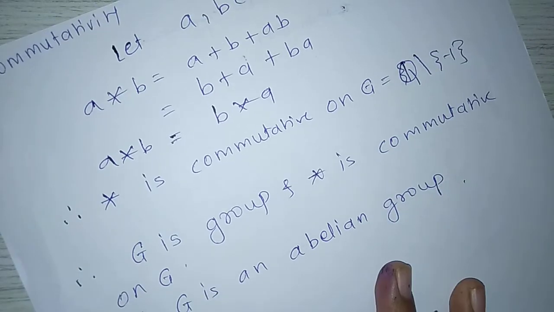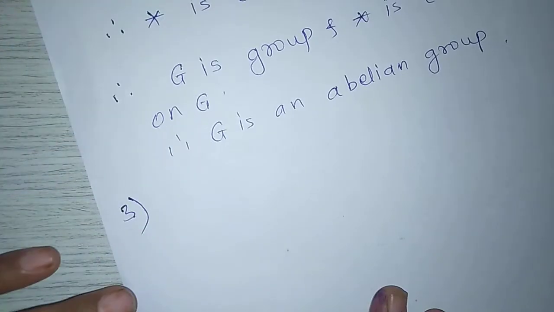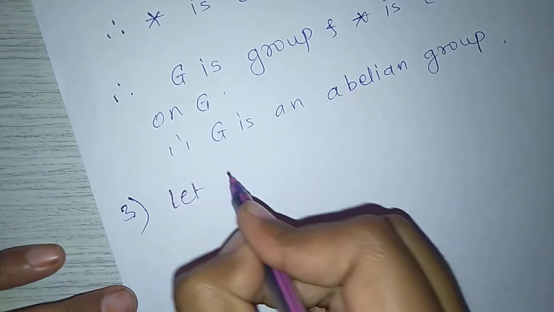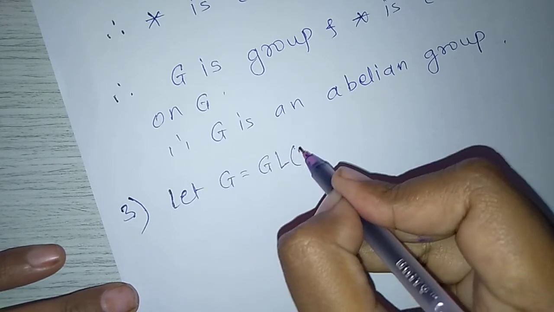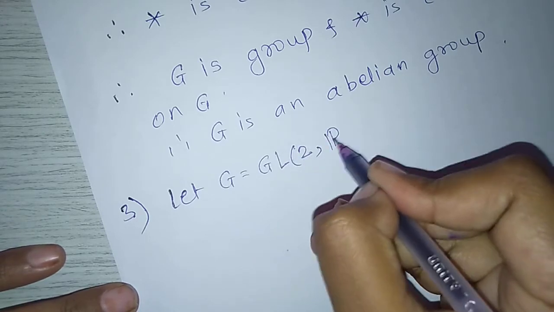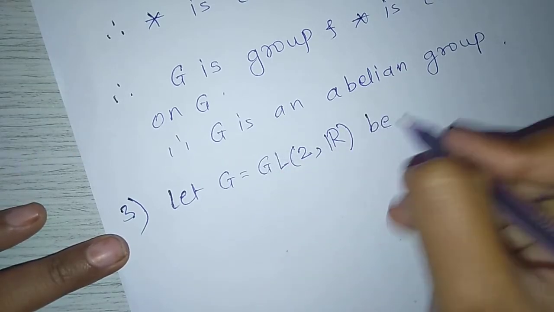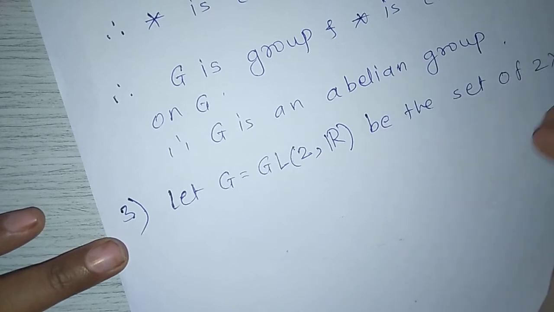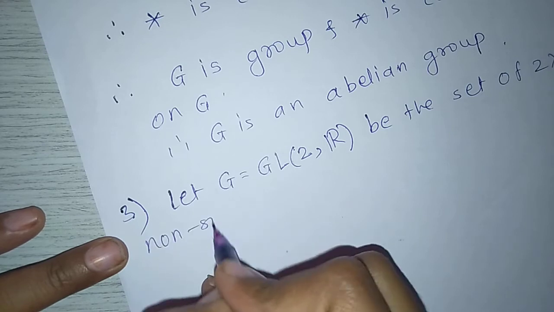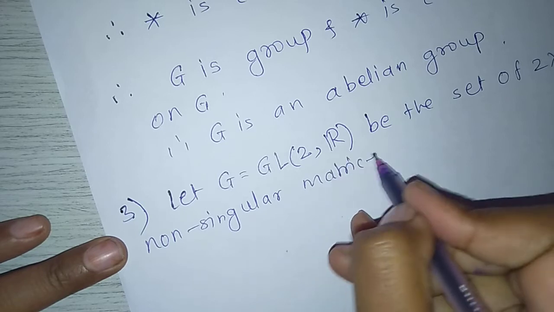Now see the next example. Let G = general linear group of 2 by 2 matrices with real entries, be the set of all 2 by 2 non-singular matrices.